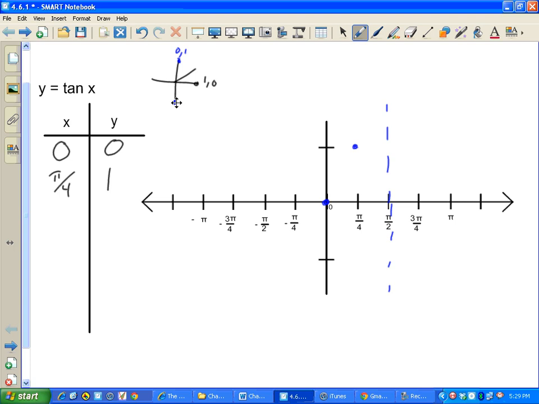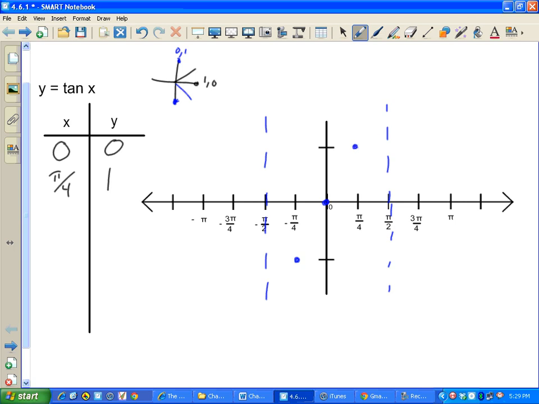Now, the other place I'm going to have a vertical asymptote is at negative pi over 2, which is down here. Okay, and of course, if I go negative pi over 4, I'm going to have a value of negative 1. Okay, and the closer I get to these asymptotes, the higher I'm going to go, because I'm getting closer and closer to that undefined value.